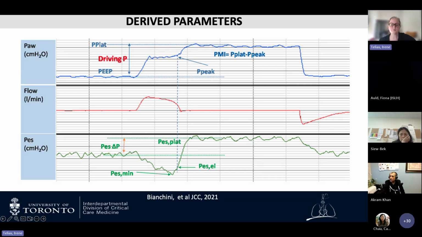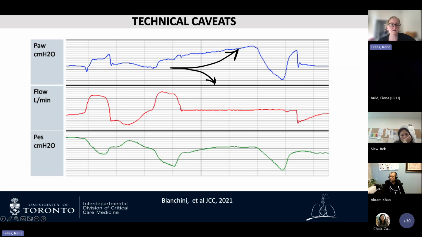Okay. What's the problem with these maneuvers? In some patients, here is the insufflation, the pause, you see that you never reach a plateau. So the pressure keeps coming up. And here you see an example where after going up, it actually went down. What happened here? When we performed an occlusion, instead of the patient's respiratory muscles relaxing, the patient started to push, which is a possible reaction when patients are receiving positive pressure.